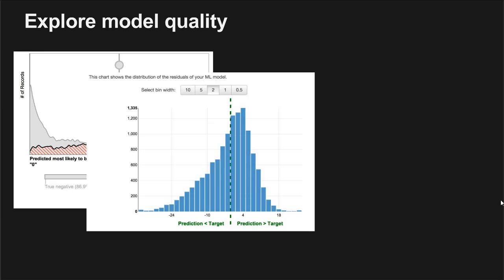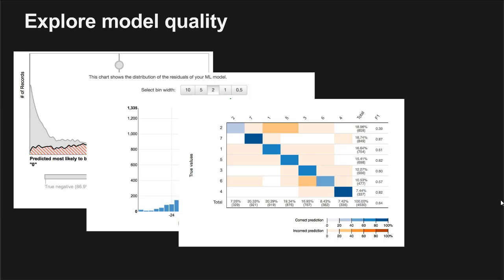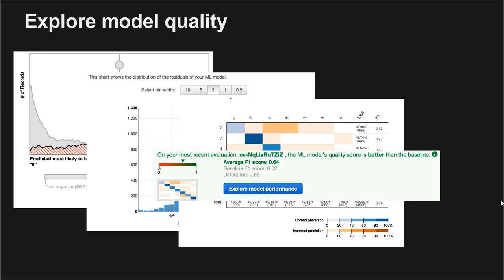And you can see what the distribution of the residuals is to get an idea of how well it does against the average case as well as the outliers. For categorical models, it provides you with an F1 score that tells you what types of errors there are and which ones it did really well on. So in this case, you can see most of the time it got the prediction correctly.